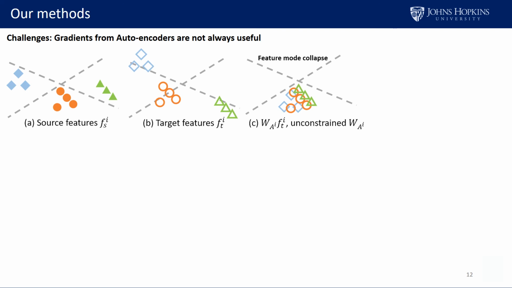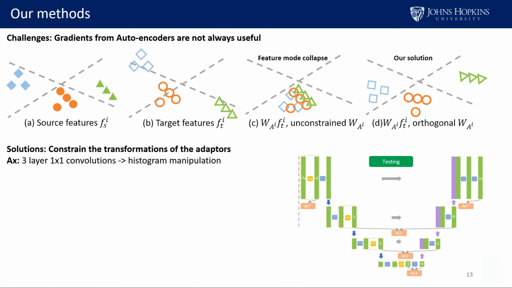It's because the target features can collapse to the same cluster, which can be reconstructed well by the autoencoder. To alleviate this problem, we need to constrain the transformations of the adapters. We have a pixel level adapter AX, and we constrain it to 3-layer 1x1 convolutions, so it can only perform histogram manipulation.